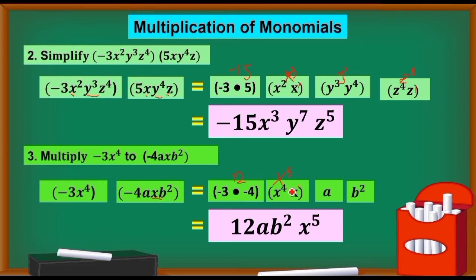Di ba nauna dun sa multiply natin yung x? Kasi i-arrange po natin ito ng alphabetically. Hanggat maaari po, nakaayos ang ating alphabet. Pwede namang mauna yung x raised to 5, pero much better kung siya ay naka-alphabetically arrange. So, ang sagot natin ay 12ab squared x raised to 5.